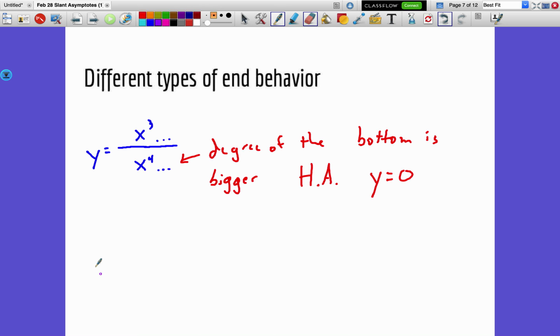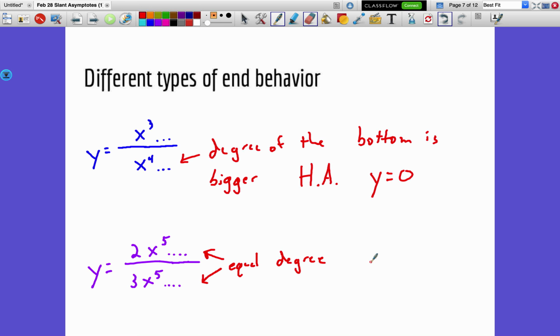All right, next option is we have something like this, 2x to the 5th over 3x to the 5th, and then there might be some more terms, but these are the biggest terms of the polynomials that make up the top and the bottom of this rational function. So now we've got equal degrees, leading towards a horizontal asymptote. But this time it's at y equals 2 over 3.